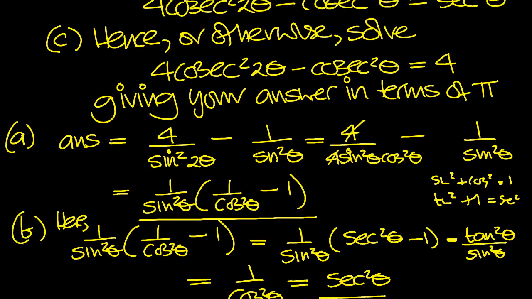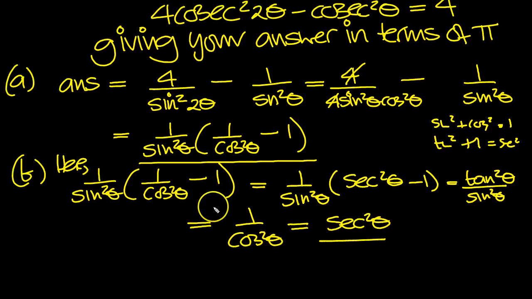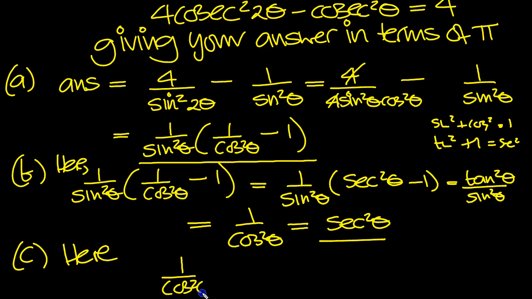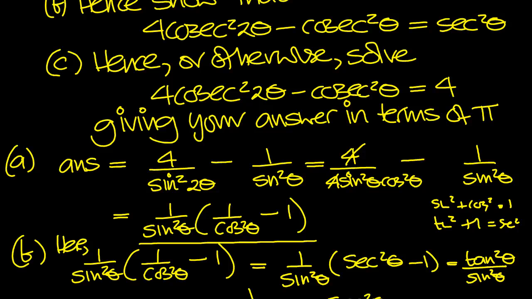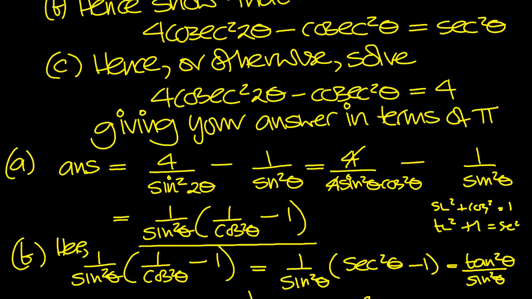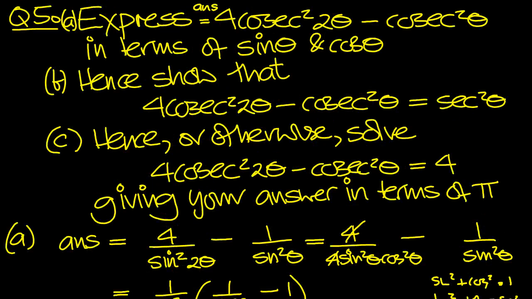Hence, or otherwise, solve this equation equals 4 then. So 4 here. So we have this equation that we've been working on. It's sec squared, which is 1 over cos squared, is equal to 4. And we want to solve that then, don't we?